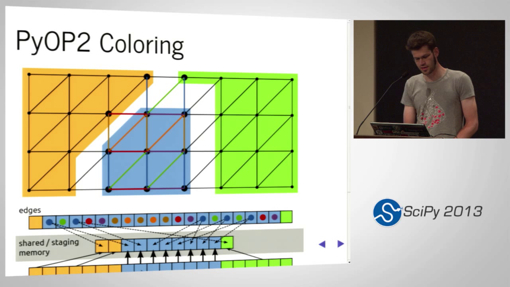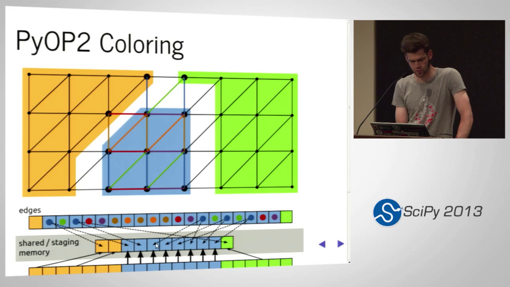So this data is then staged so that in the center you see the nodal data for the blue partition, and we can load this contiguously from memory, which is important for memory access on modern architectures, in particular on GPUs. But we also have a few non-contiguous accesses from the nodes that span the partition boundaries. So we try to minimize those.